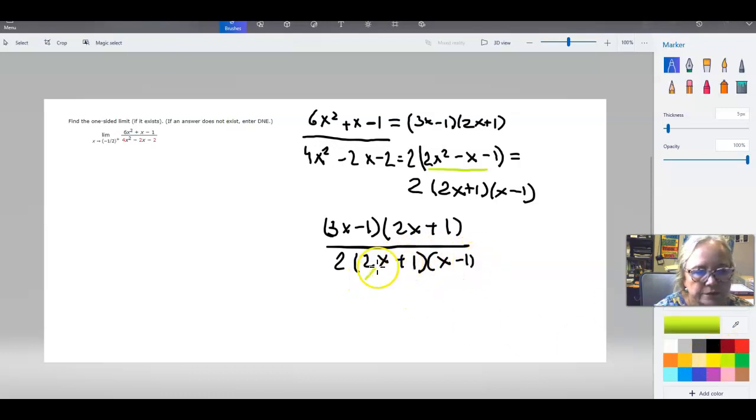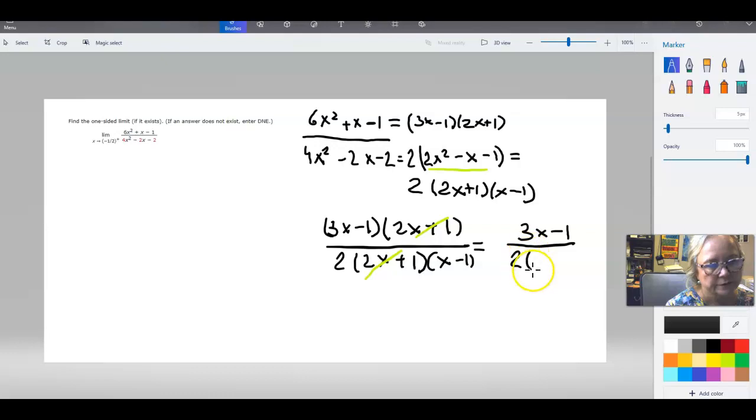So we see that these two common factors reduce and we get the expression 3x minus 1 over 2 times x minus 1.